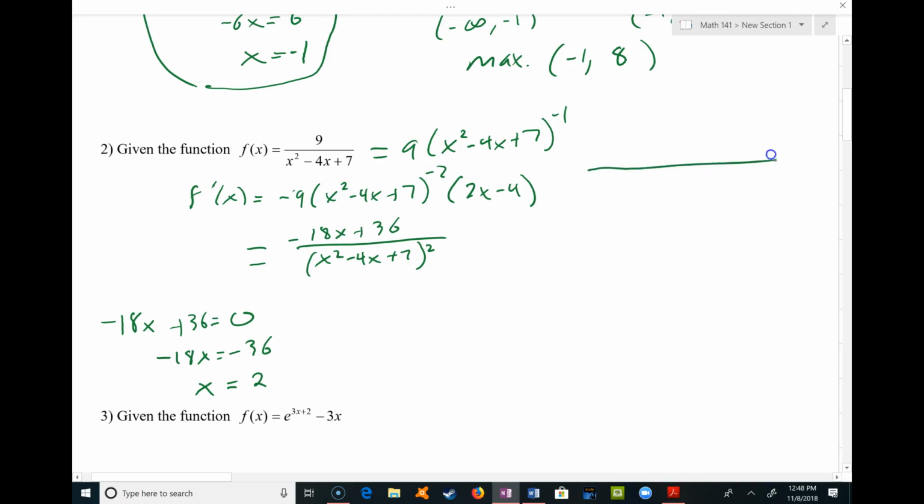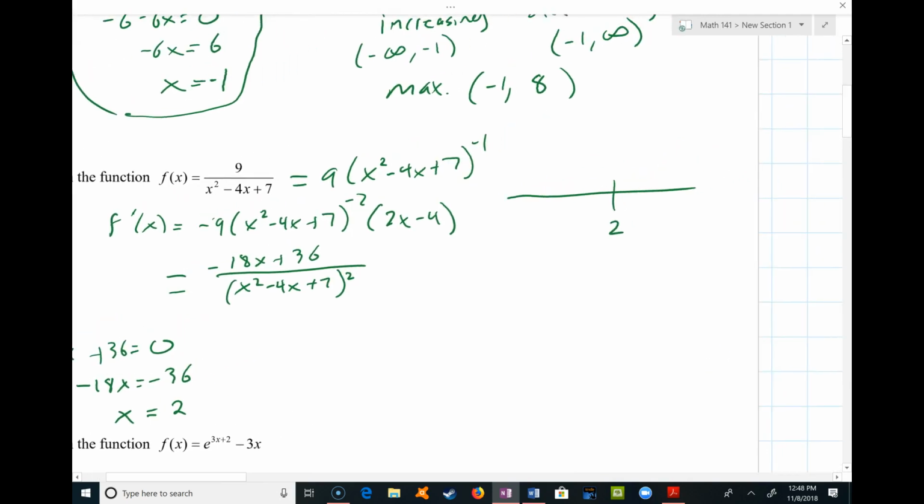So my first derivative test is going to look like this. Little 2 sitting there. Now the bottom will always be positive, so I'm just plugging in numbers in here to find out whether it's negative or positive. If I plug in 0, which is left of 2, I get positive. If I plug in something bigger than 2, like 100, I get clearly a negative because negative 1800 is bigger than 36.